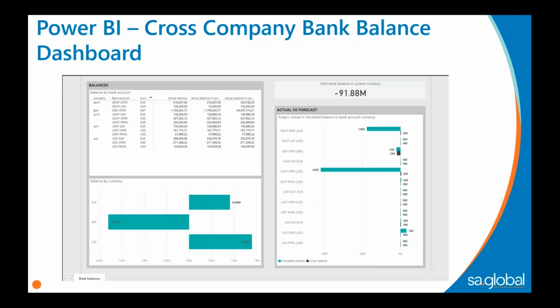So these are just a few examples of all the dashboards provided by Microsoft. They are all cross-company, and since they are based on Power BI, they are all live, actionable, and clickable, and usable on any device, including mobile phones and tablets.